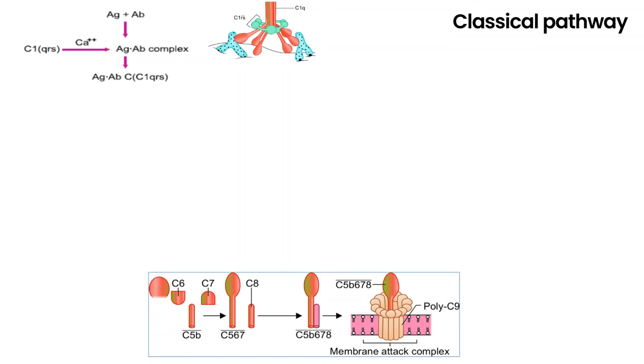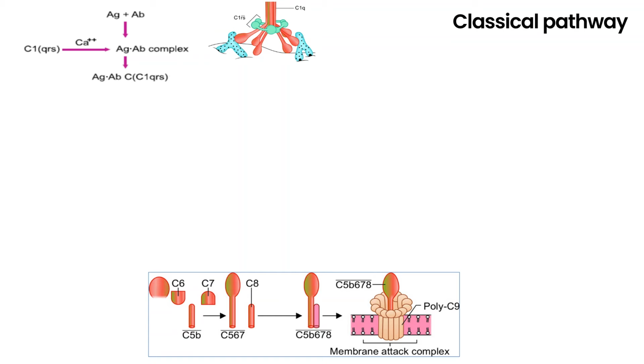And C1q requires calcium to bind this antigen antibody complex. So C1q binding to the antigen antibody complex is calcium dependent. Once it binds, it in turn sequentially activates C1r and C1s.